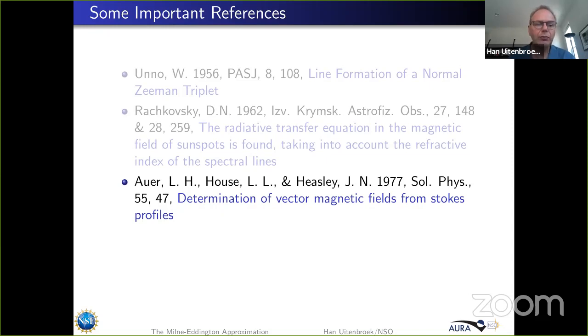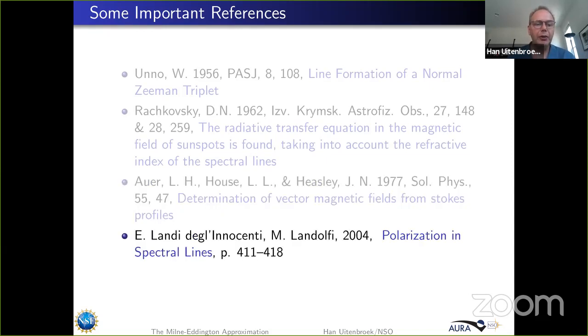And then if you ever want to know the details of how quantum mechanics causes you to derive all the equations that we use, please look into this book. It's a wonderful book. It has everything that you ever want to know and more about spectral line formation and polarimetry. But the full description is there.